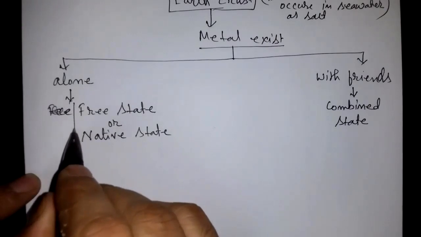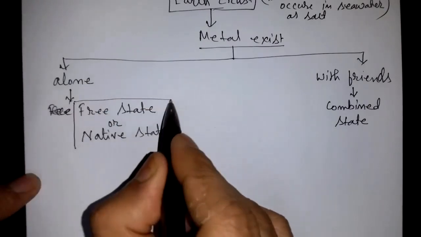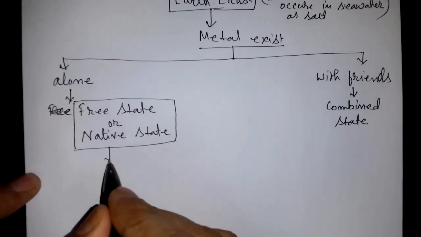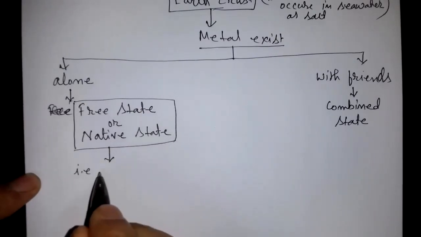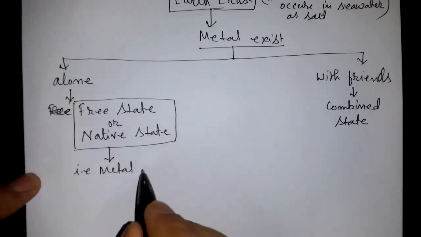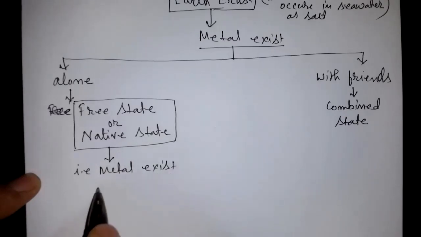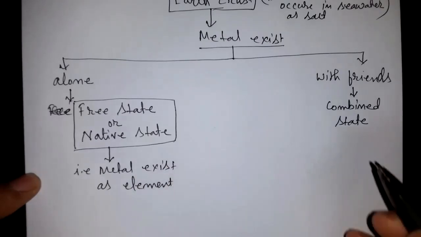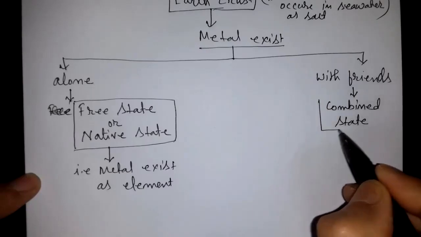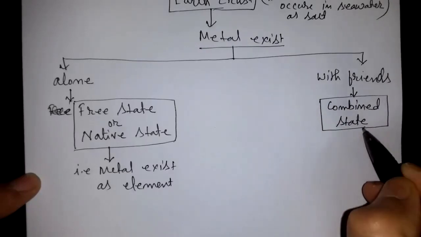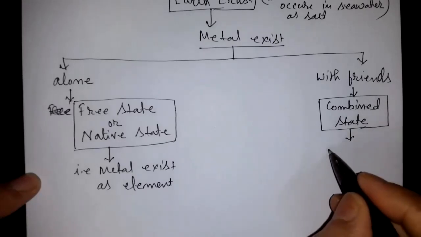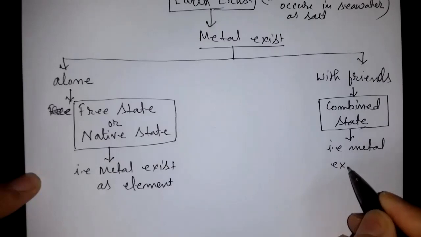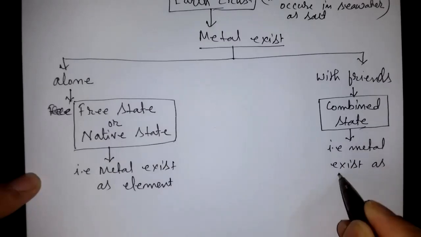So when metal is existing in free state or native state, that means alone, in other words, metal exists as element. And when we say the metal is existing in combined state, the other way of telling that is metal exists as compound.